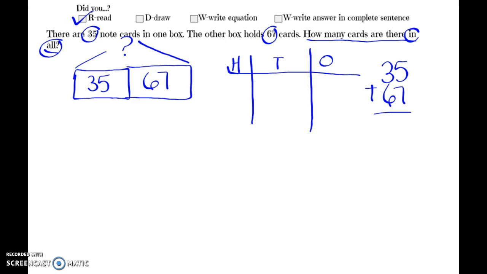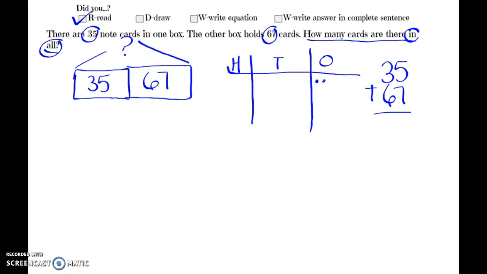Whisper count with me as I place 35 chips on my chart. Remember, we always start in the ones place, and to help make easy bundles of 10, I'm going to put these into groups of 5.